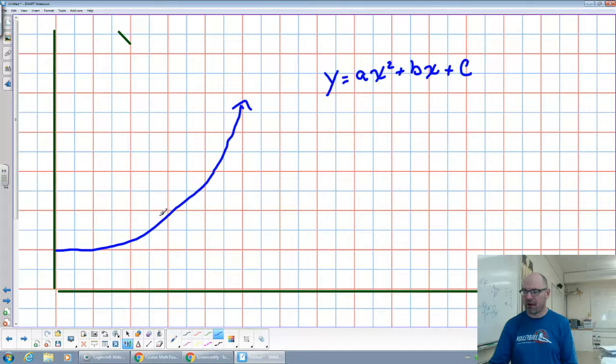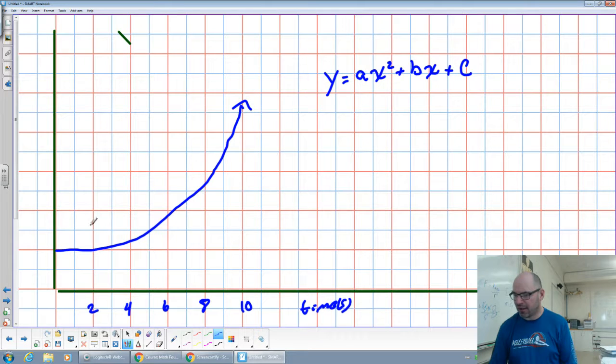So when we have a quadratic one, if I ask you to predict, say if this was 2, 4, 6, 8, 10 time seconds, and I had, let's say 10, 20, 30, 40, 50, and 60 meters there.